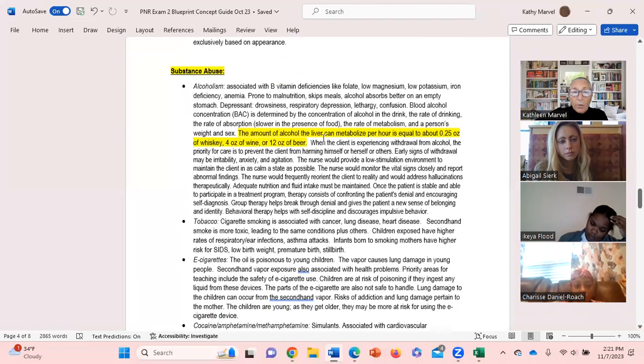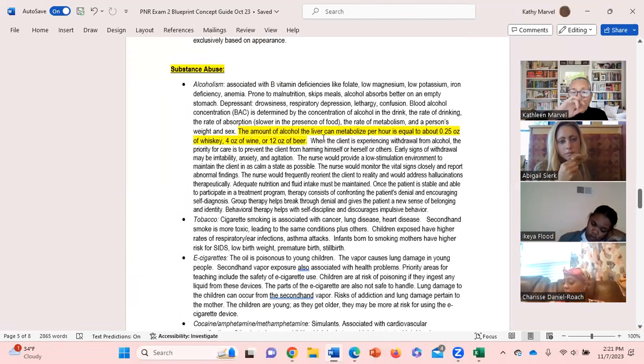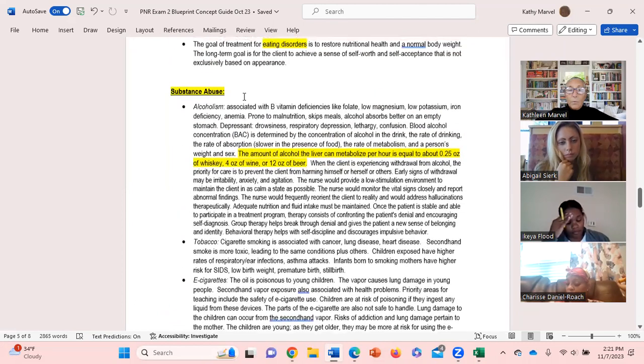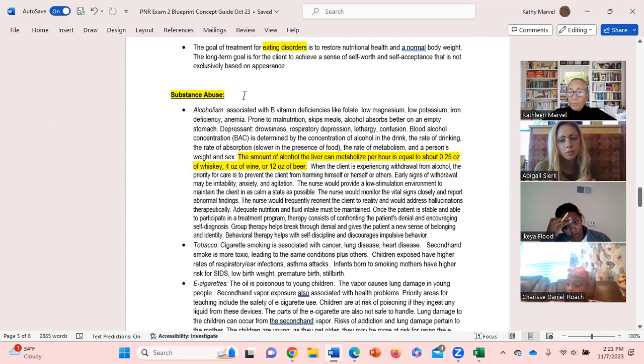Okay, substance abuse. Within substance abuse, we have alcohol, tobacco, e-cigarettes, cocaine, amphetamines, methamphetamines. Got to know the difference of each of them. Okay, clients presenting with different scenarios.